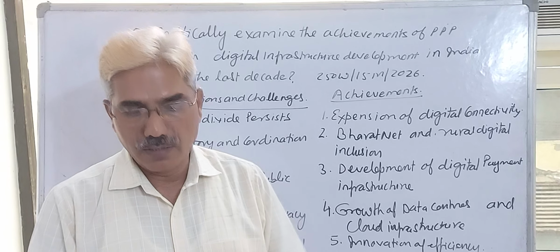Despite all these limitations and challenges, this triple P model is working effectively. And what are the major achievements you have to focus on and analyze in this question? Our private companies are completing their targets in a time-bound manner, within a limited price determined by the government collaboration under the triple P agreement.